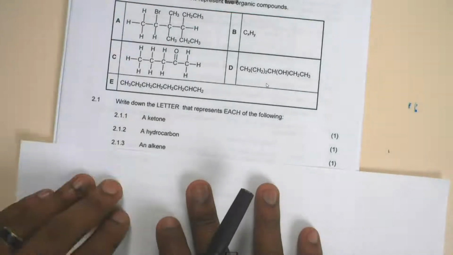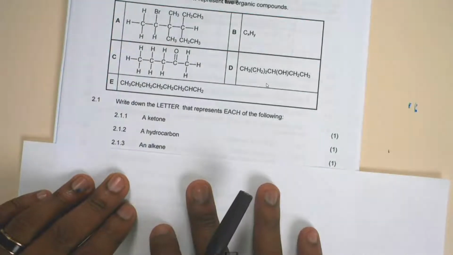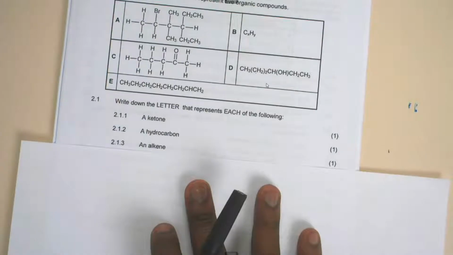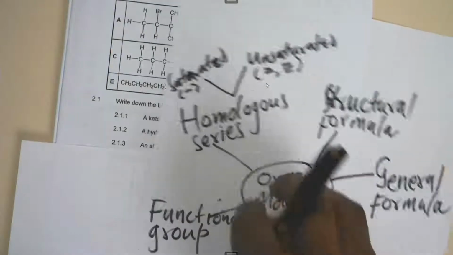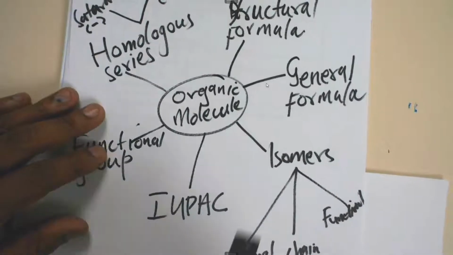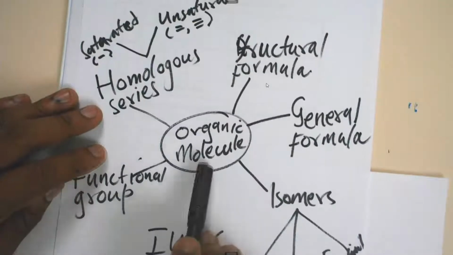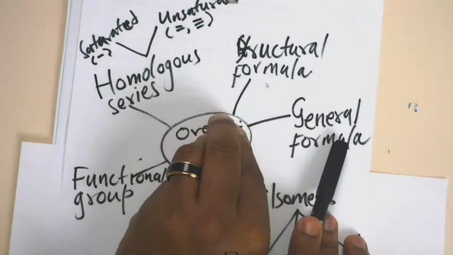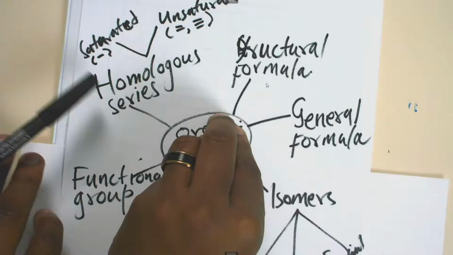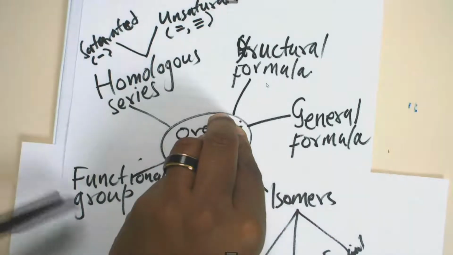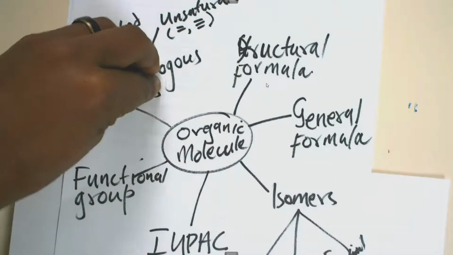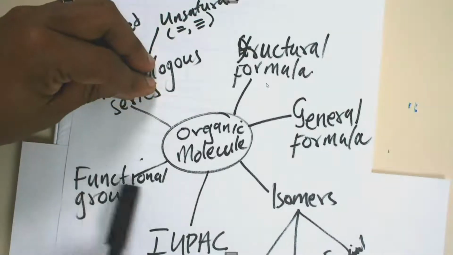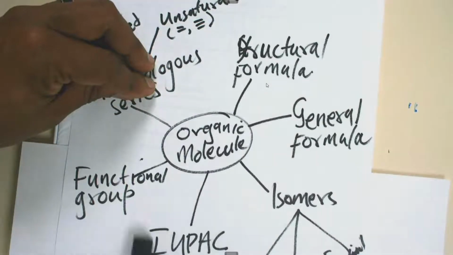The one that consists of an alkene is important. Now here is the challenge. For me to know an alkene, I either know it through the general formula, the homologous series, the functional group, or even the IUPAC name.